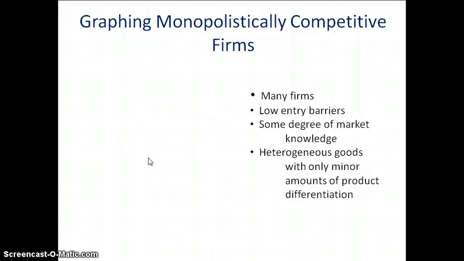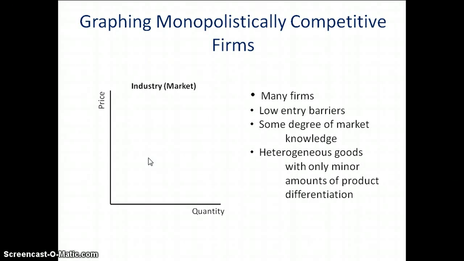And in general, they're selling heterogeneous groups of goods and services, but they're only making minor differences to the products that they offer, so only minor amounts of product differentiation here.